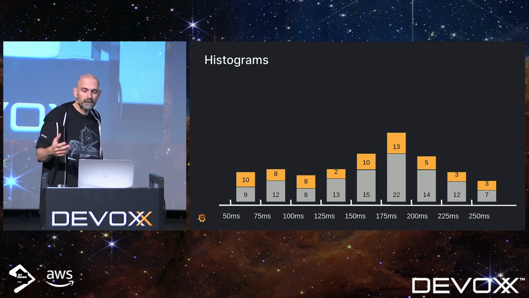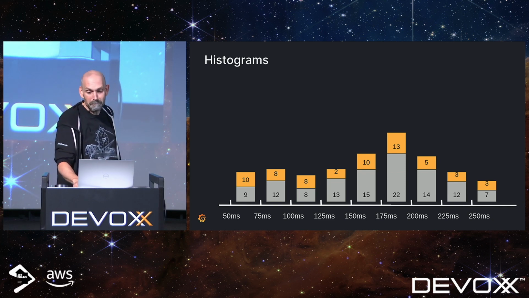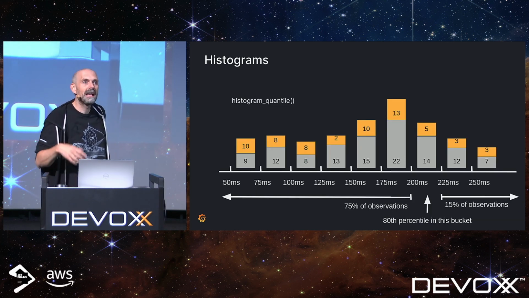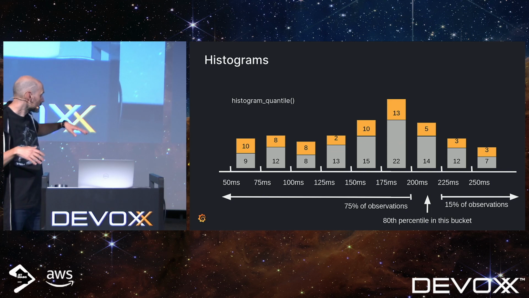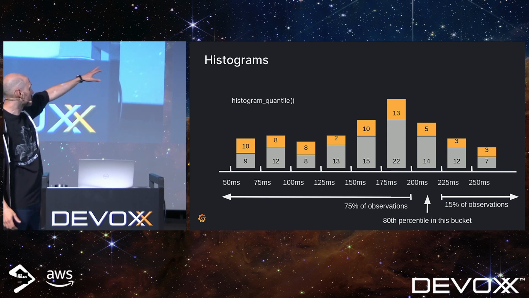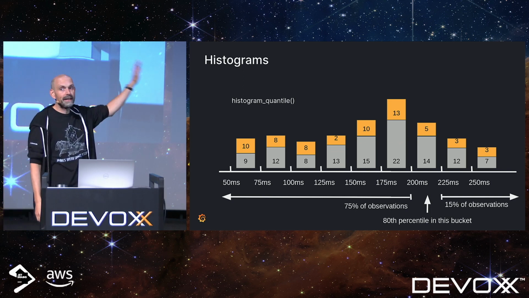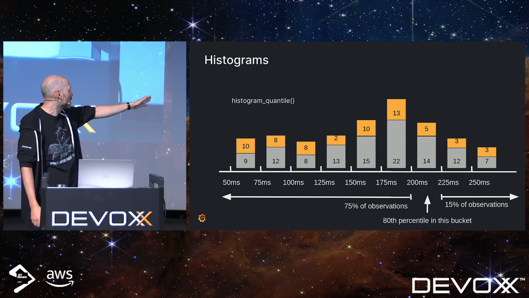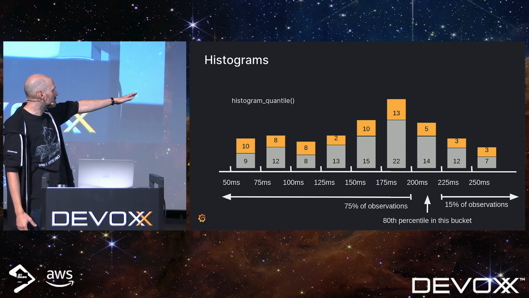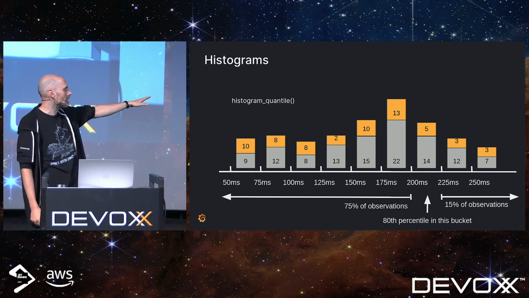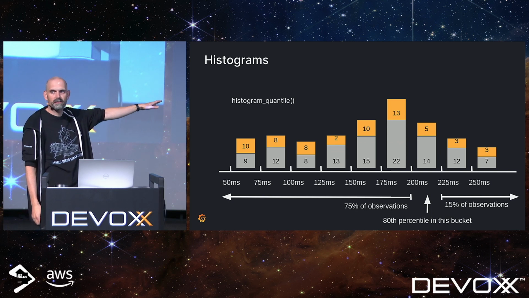There is another thing that makes them even more awesome, which is that you can estimate percentile values based on histogram data. So if you, for example, with this data on the slide here, are interested in your 80th percentile, you would just count the observations, and then you would be able to figure out that it must be somewhere in this bucket between 200 milliseconds and 225 milliseconds.